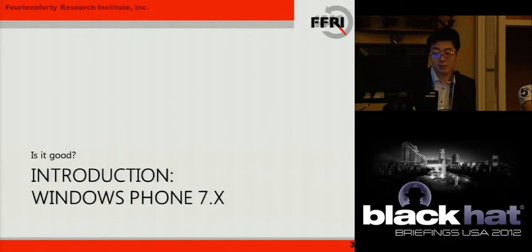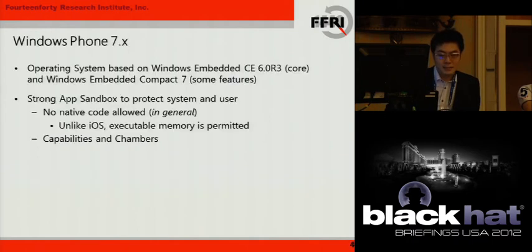First, I need to talk about the Windows Phone 7 overview. Windows Phone 7 is the operating system developed by Microsoft. This operating system is based on Windows CE 6, and it has some special components ported from Windows Embedded Compact 7. One of the features of Windows Phone 7 is strong security.